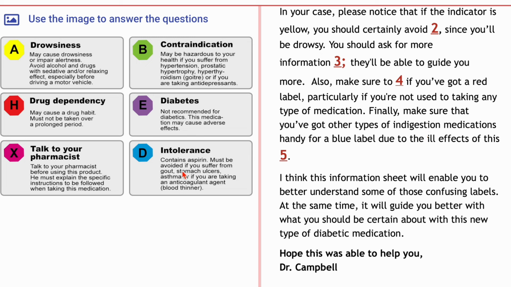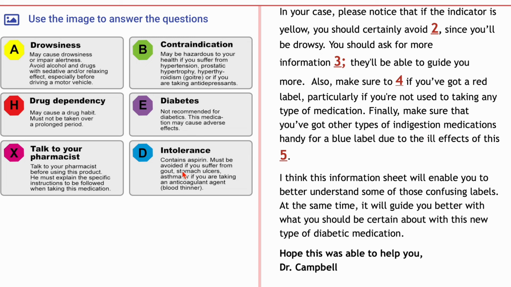Intolerance contains aspirin, must be avoided if you suffer from gout, stomach ulcers, asthma, or if you are taking an anticoagulant agent, blood thinner. So if you have a blue label, it has negative effects or side effects of this 5.